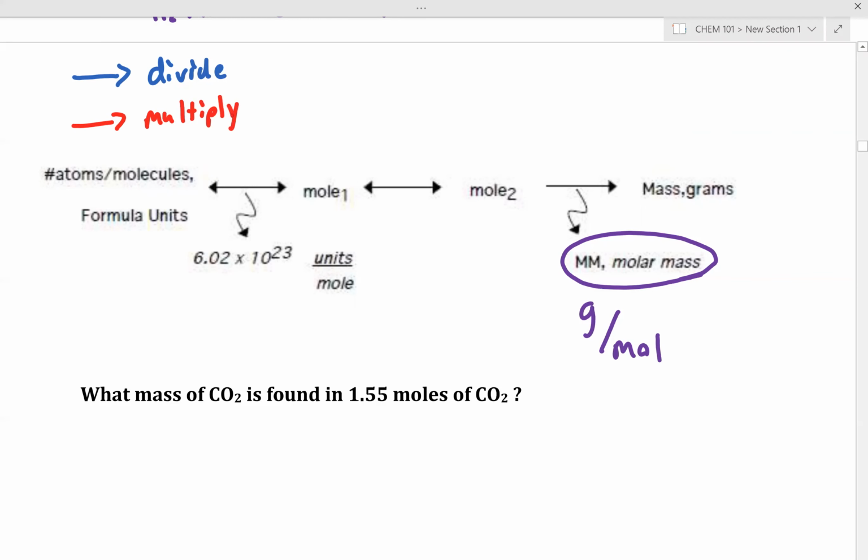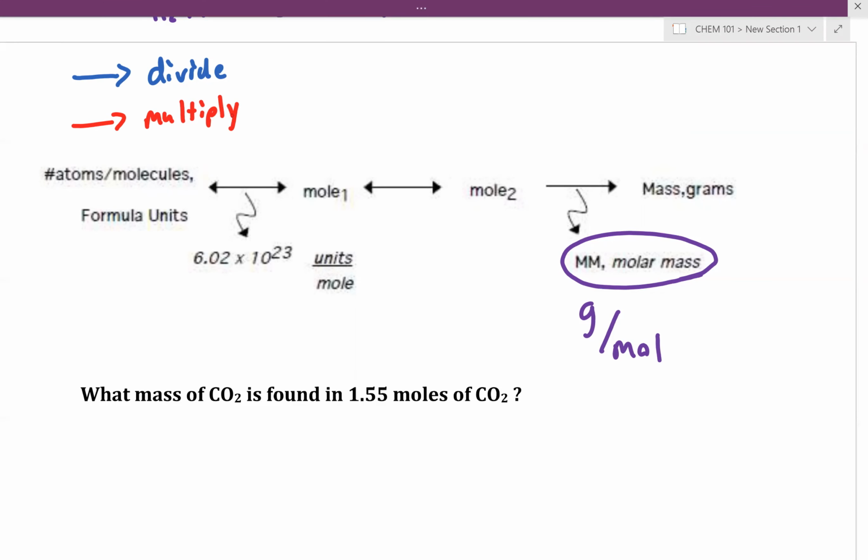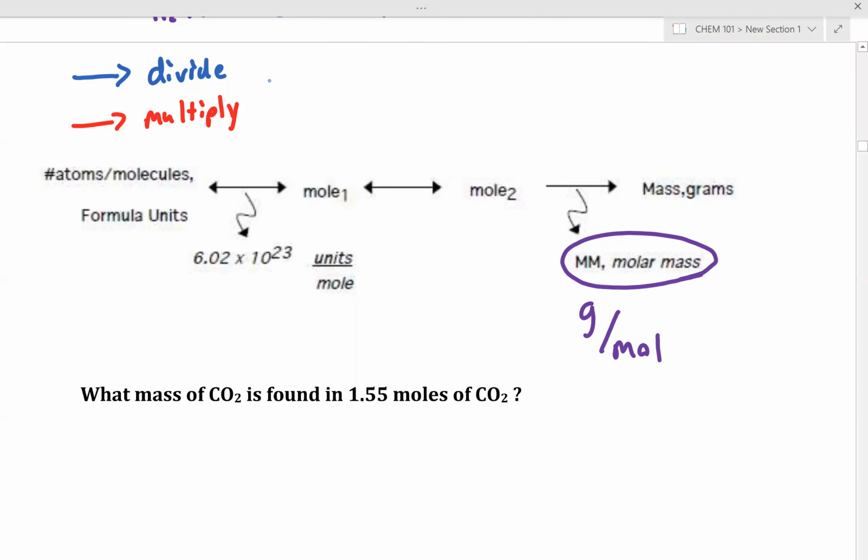Okay? So if we start off with the number of atoms or molecules or formula units, we can go from atoms, molecules, or formula units to moles if we divide by Avogadro's number. So we're going to divide by Avogadro's number to go from atoms to moles.